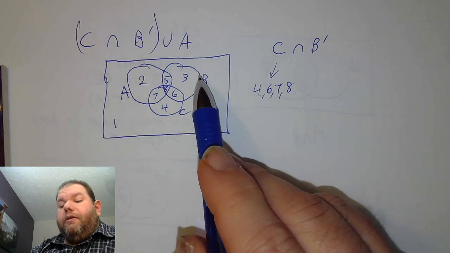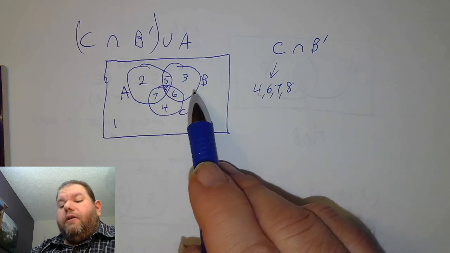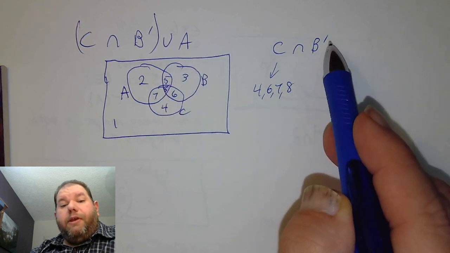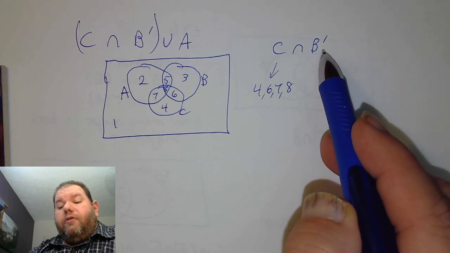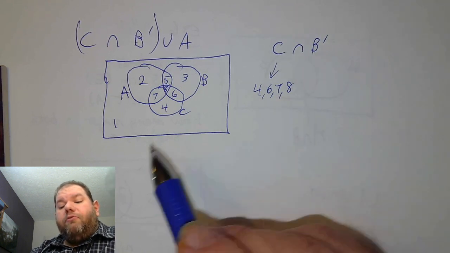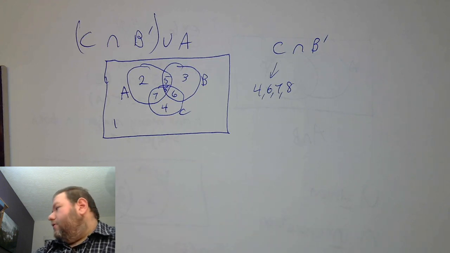Now B is this circle, but we want B complement. So which numbers here would we use for B complement?